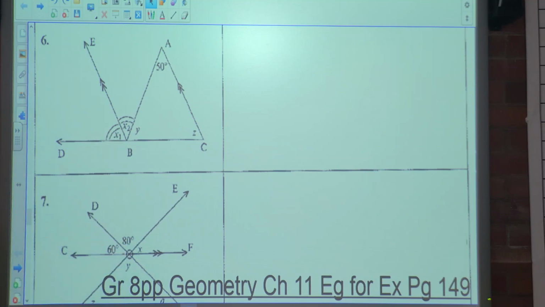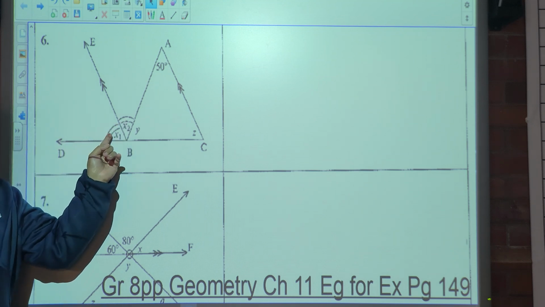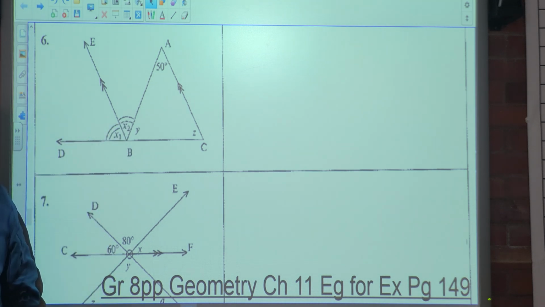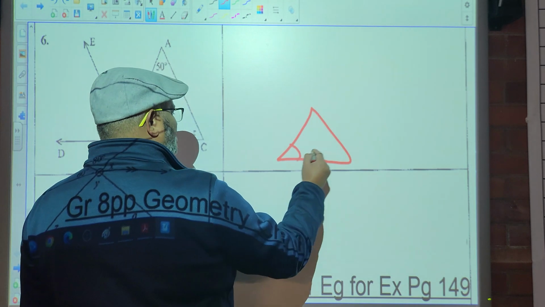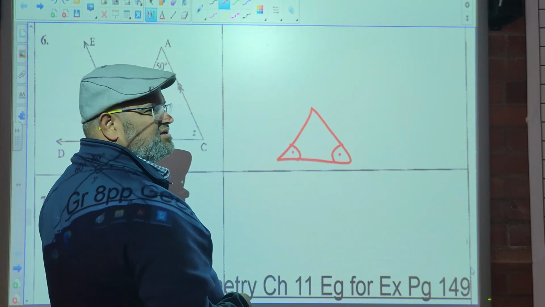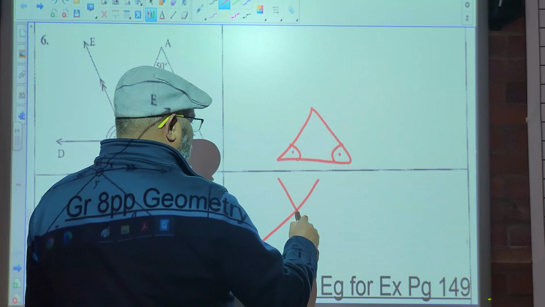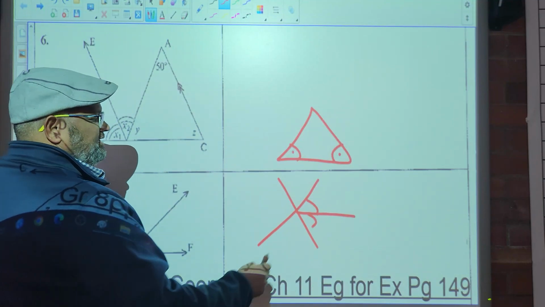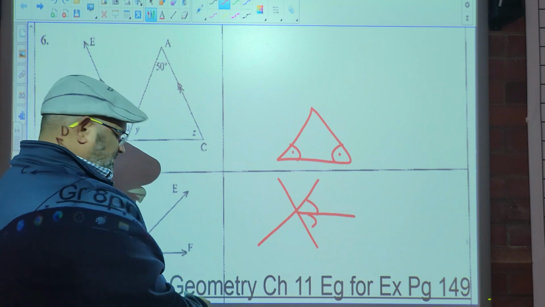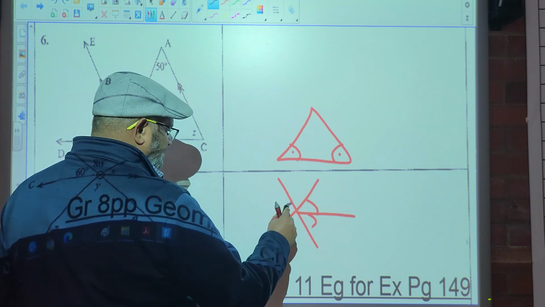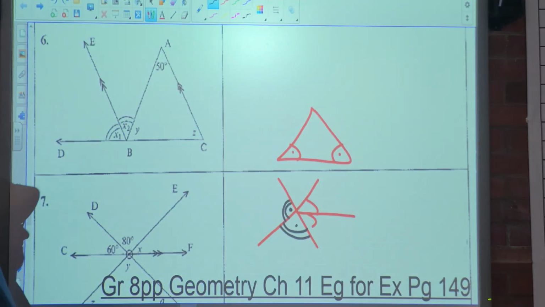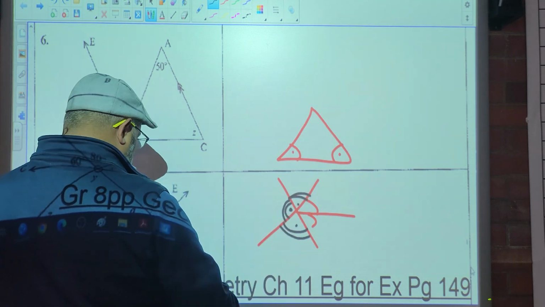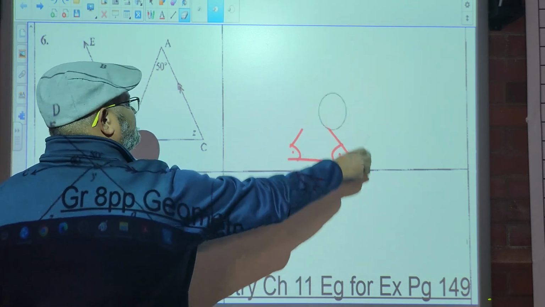If both have two arcs, that means those two angles are equal. If you have a triangle and an arc there and an arc there, those two angles are equal. If you have an arc here, two arcs here and two arcs here, that angle is equal to that angle, and so on. And this would also have two arcs, why? Because it's vertically opposite.